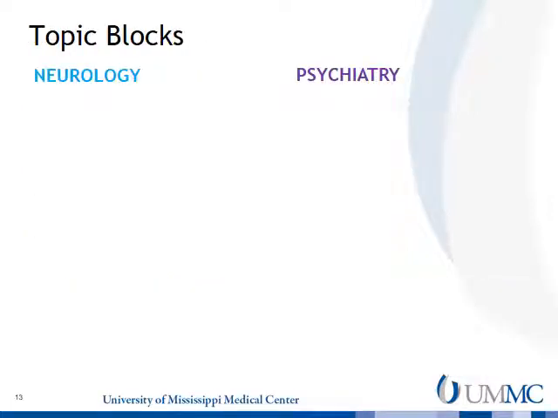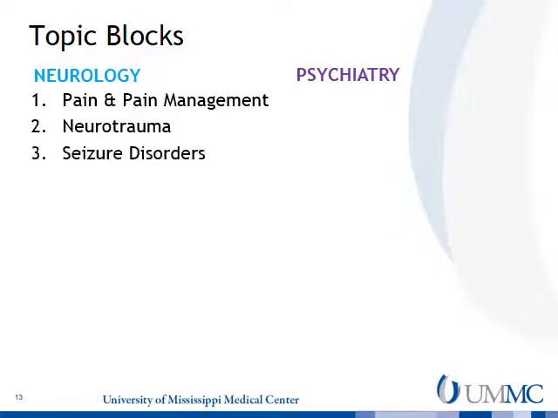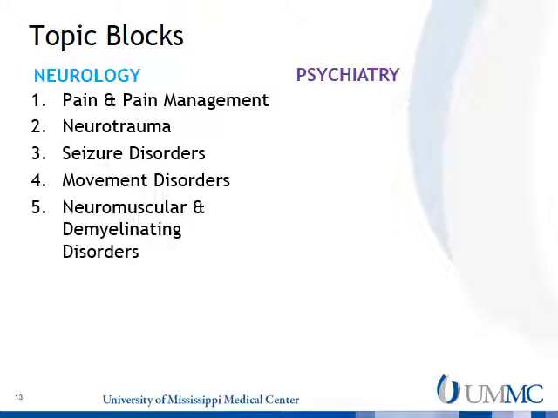This course is organized into 13 topic blocks. A topic block contains several units covering related material. The course begins with 6 topic blocks in neurology that open with pain and pain management. The rest of the neurology topics are neurotrauma, seizure disorders, movement disorders, neuromuscular and demyelinating disorders, and stroke and vascular diseases of the CNS.